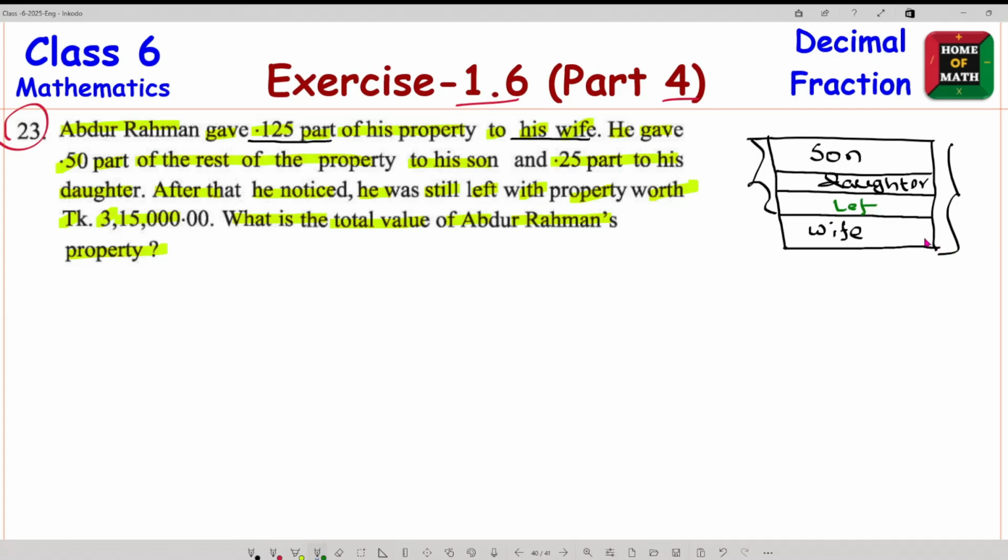Okay, and which price is already mentioned, 3,15,000. So we have to find out the total value of Mr. Abdur Rahman's property. So one by one we try to solve.